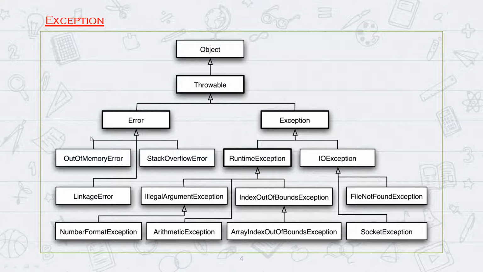It's a hard exit. If any out of memory error comes, we just have to find a way to fix this, like increase the memory, or see where exactly the program has an error. Those kinds of errors will be on the left side, the Error side.